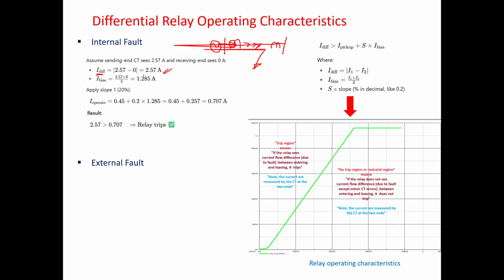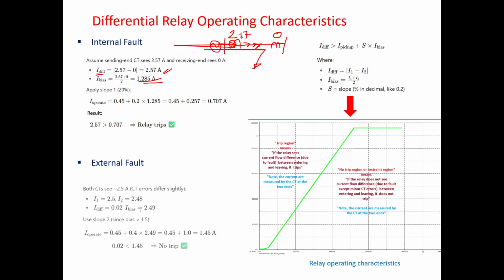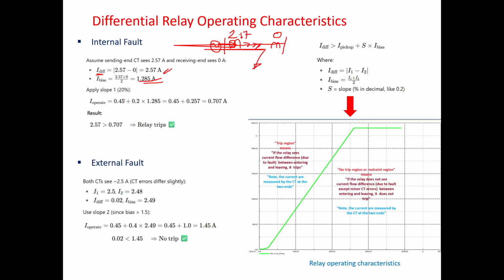So we just subtract the difference. The difference is now 2.57 amps, and the bias current, which is the average current, is 2.57 plus 0 divided by 2, which is 1.285 amps. You are given a formula in here, and we can apply the slope of 20%. We'll talk later about why. So we can calculate the operating current of the relay.